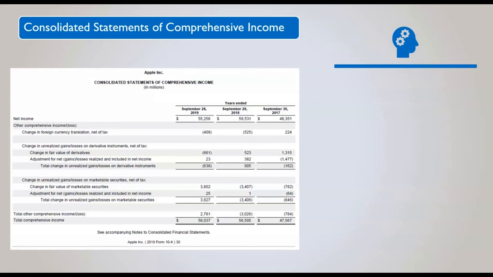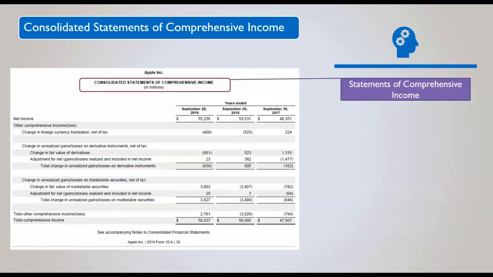On the next slide, we see the consolidated statements of comprehensive income. This shows the other line items which are not directly impacting net income. In particular, this shows us the unrealized gains and losses on the foreign exchange contracts, interest rate contracts, and the changes in the value of the marketable securities.